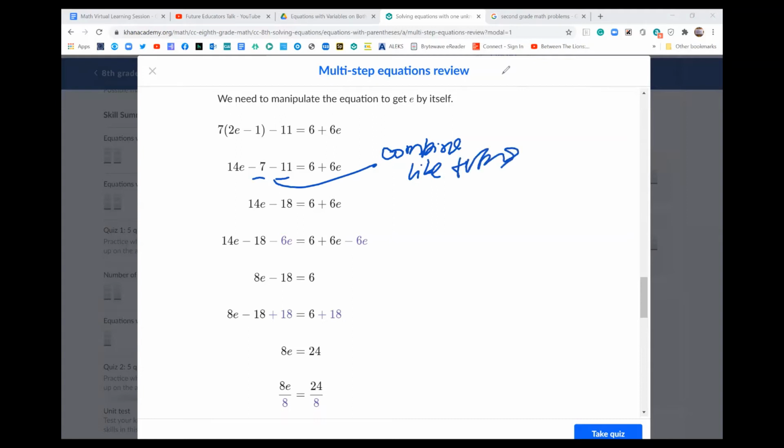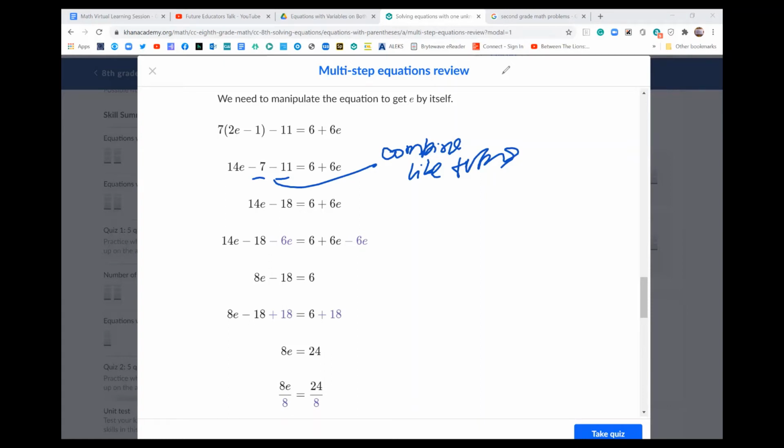So we're going to combine like terms. What's negative 7 minus 11? Well, it gets me negative 18. So you're going to bring down your 14E minus 18 equals 6 plus 6E.